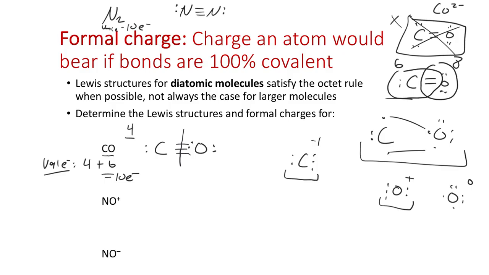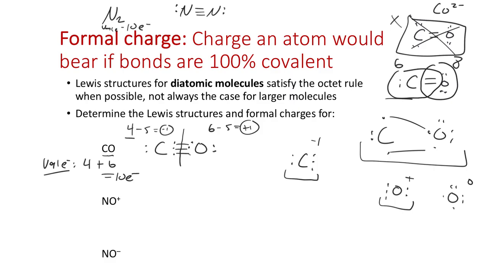Carbon's is 4. The valence count of oxygen is 6. That's how many valence electrons those atoms should have to have a perfectly neutral charge. And then I just break the bond in half. So formal charge just says break the bond in half, calculate the charge. So it's 4 minus 5 for carbon, that's -1. And then oxygen would be 6 minus 5 for +1.